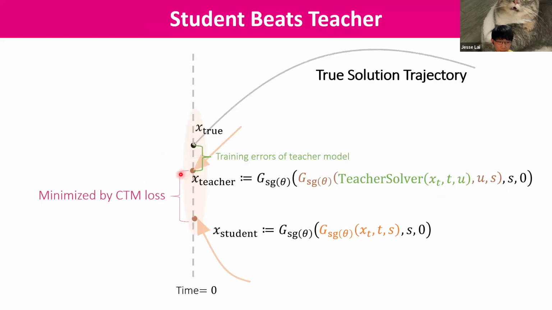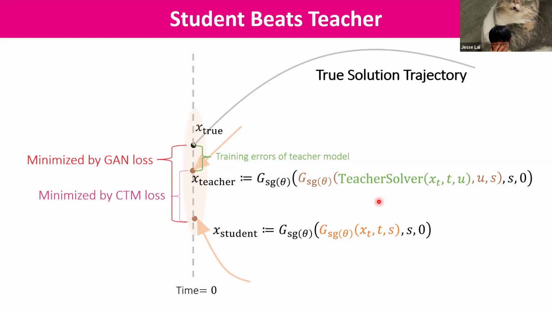One is the CTM loss over here. The other one is the score matching loss, where you choose s to be t. This gives us the infinitesimal jump, and the infinitesimal jump is exactly the same as the score function. So CTM can directly use the DSM loss to help with the training. And the other one is the GAN loss over here.